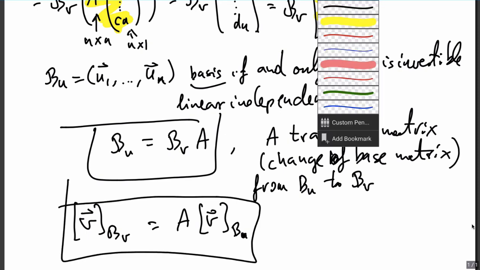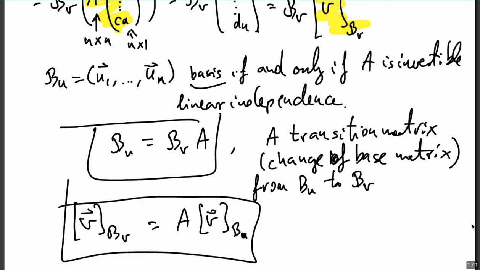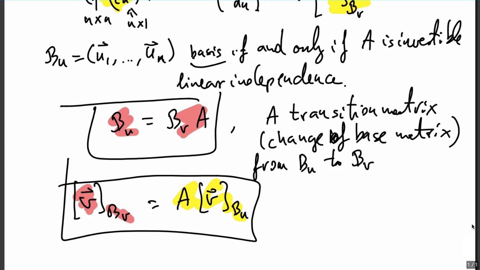What's very important here is that the V basis is multiplied from the right to get the U basis, but to get the representation of a vector in the V basis, we have to multiply with the A matrix from the left, the coordinate matrix in the U basis. This will be used later, so we have to practice how to work with this.